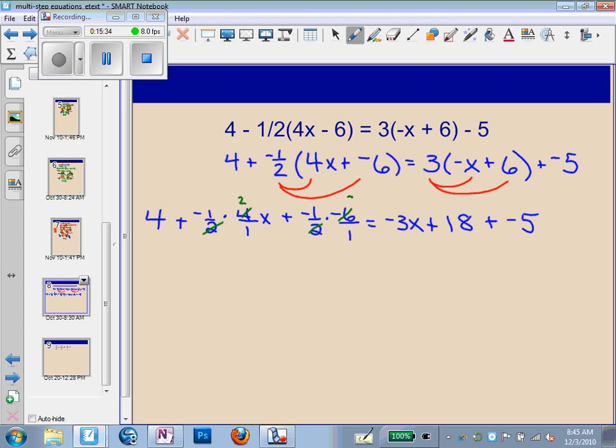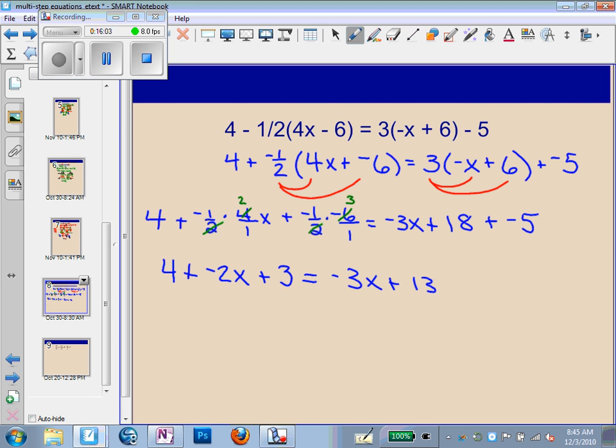So I'm going to simplify, and I get 4 plus, here I have a negative times a positive, so I end up with negative 2x. And then for our next term, we have a negative times a negative, so I'm going to end up with positive 3. On the right-hand side, I can go ahead and add my 18 and my negative 5, because they're like terms. So I get 13.